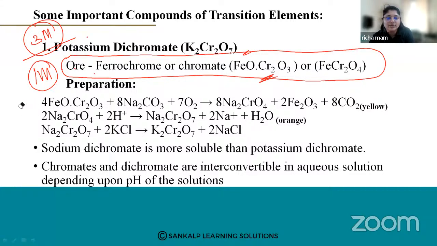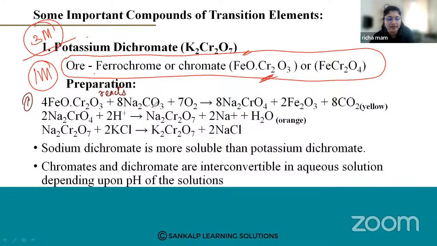See here, the first step. The chromite ore we are going to take, we are going to fuse it with sodium carbonate. Fuse means nothing but we are going to react the chromite ore with sodium carbonate.